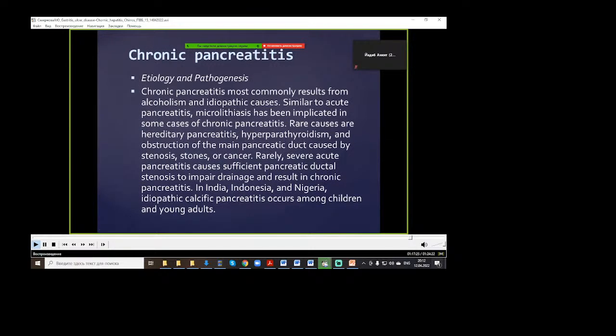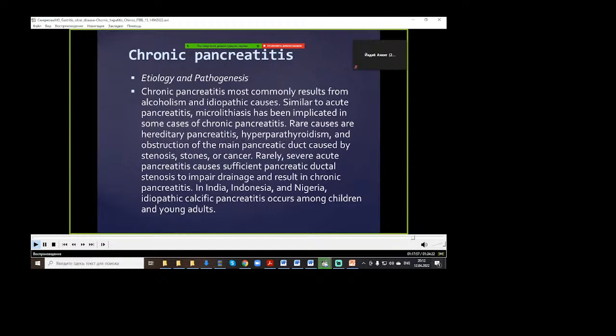Etiology and pathogenesis. Chronic pancreatitis most commonly results from alcoholism and idiopathic causes. Similar to acute pancreatitis, microlithiasis has been implicated in some cases of chronic pancreatitis. Rare causes are hereditary, hyperparathyroidism, and obstruction of the main pancreatic duct caused by stenosis, stones, or cancer.